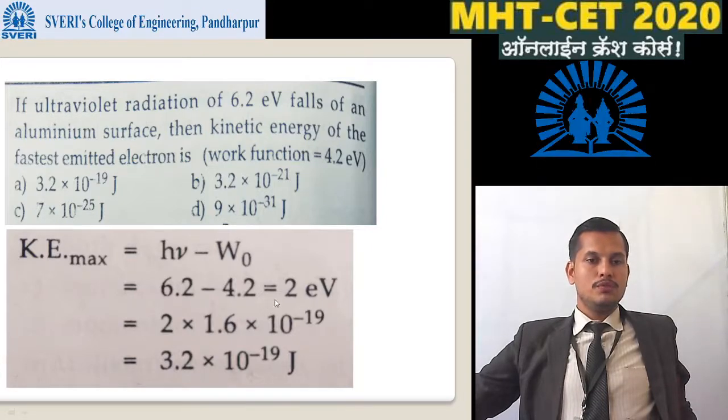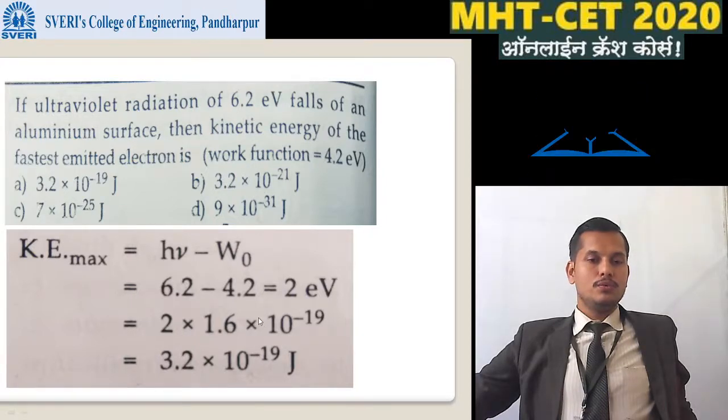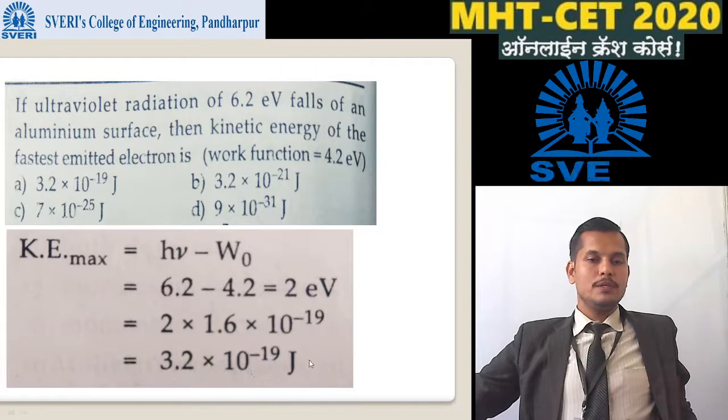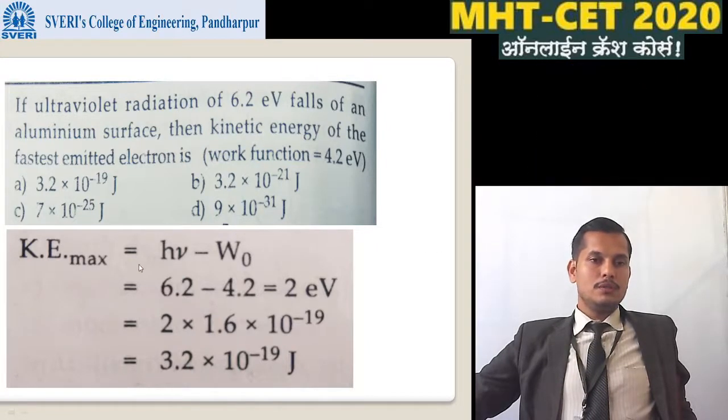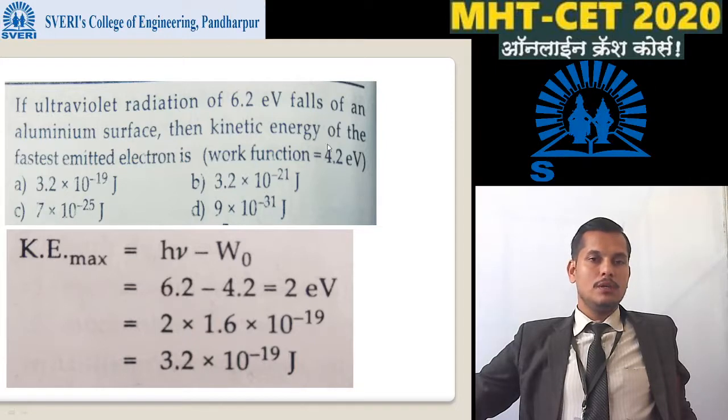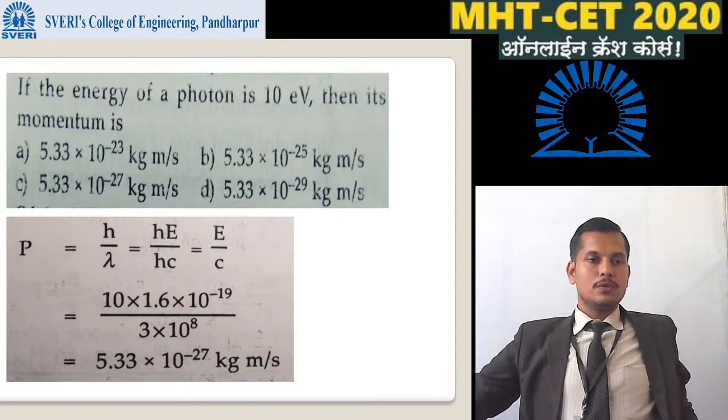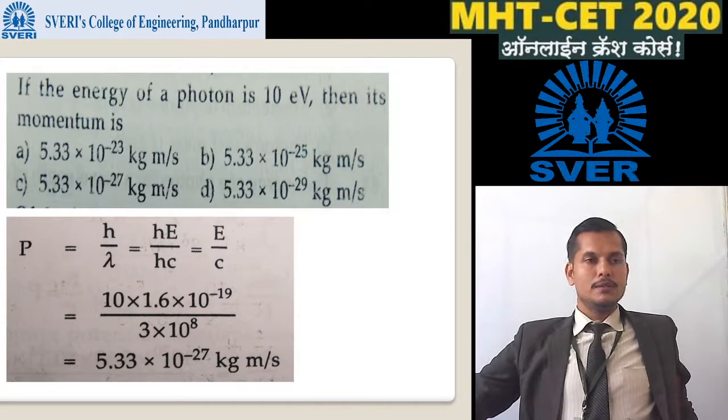If you put these values and after conversion we get the answer, that is 3.2 into 10 raised to minus 19 joule. So once we know the equations, whatever the MCQ is, we can use the given values, find the values and get the answer. So let's move to the next.